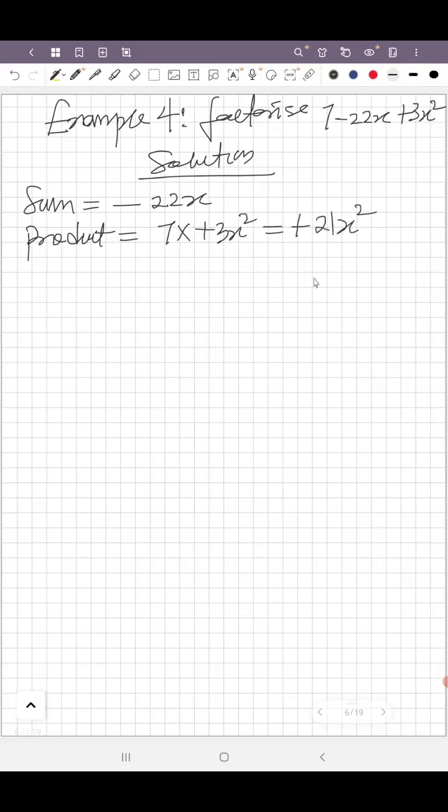So now, this is where we are going. We find two factors that, when adding them together, give us minus 22x, and when multiplying them, give plus 21x squared.